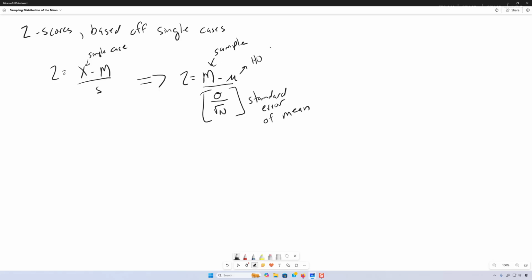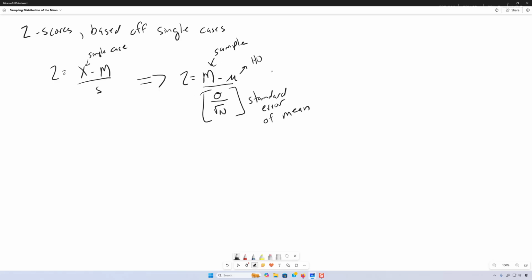And we talked about null and alternative in class. So this mean here represents what we'd expect the mean of that population to be if the null hypothesis is true. The M is the sample mean that we took. The n is the sample size.